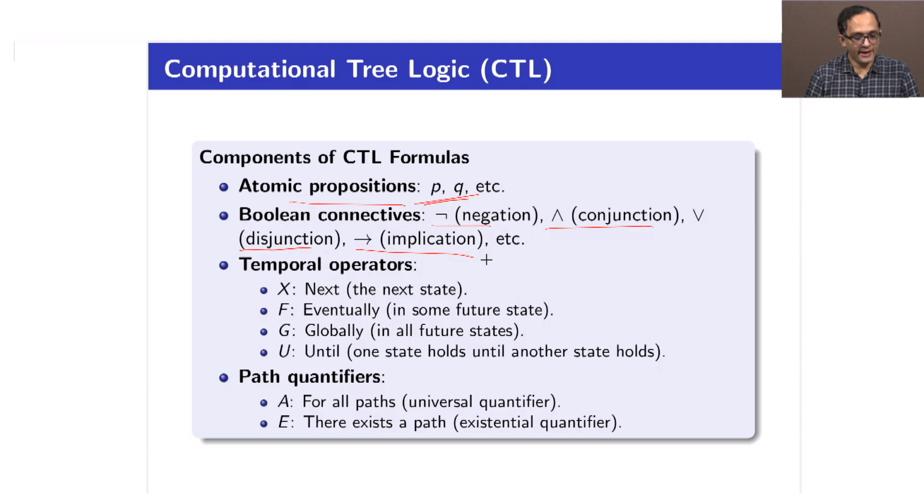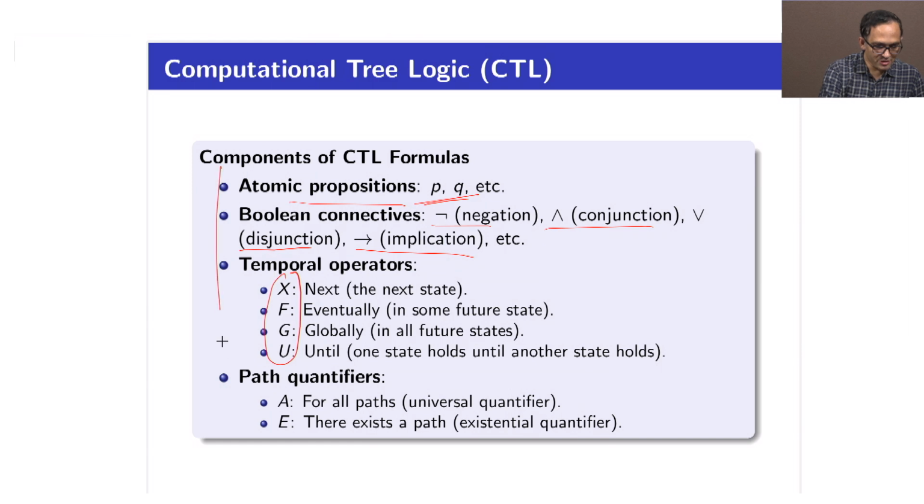And we have four temporal operators that we have already seen in LTL: X, which is the next state, F, which is eventually or in some future state, G, which is globally, meaning in all future states, and U, until, where one thing holds until something else holds. We have already seen writing properties with these temporal operators. This part is effectively LTL.